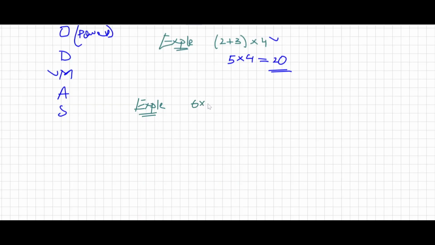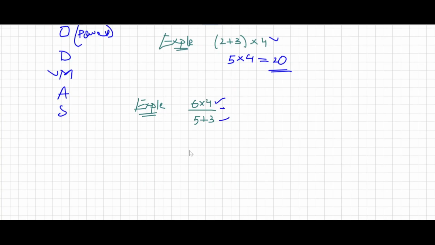6 into 4 divided by 5 plus 3. So now what we will do first is, in this case the fraction line works in the same way as the brackets. So you will resolve the fraction lines first, meaning you will resolve the numerator and the denominator.